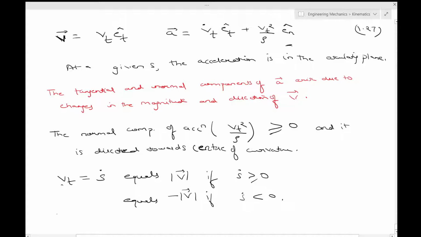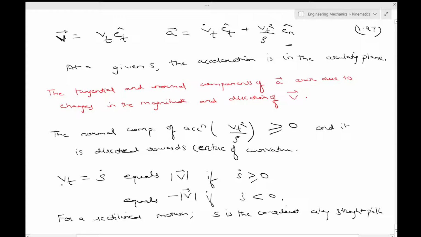Now for a rectilinear motion, what is the radius of curvature? First of all, what is S? S is the coordinate along the straight path.